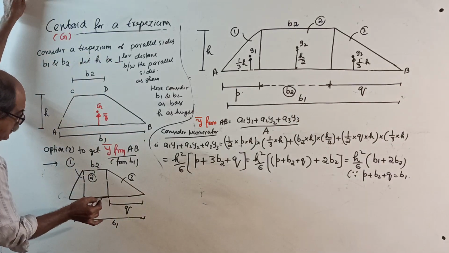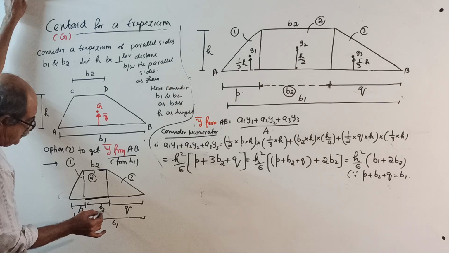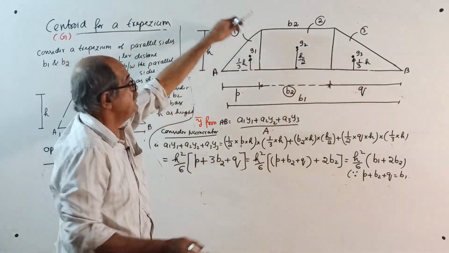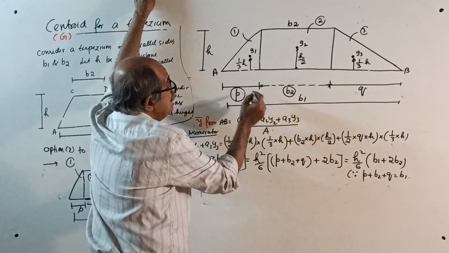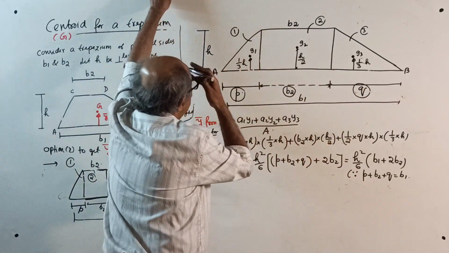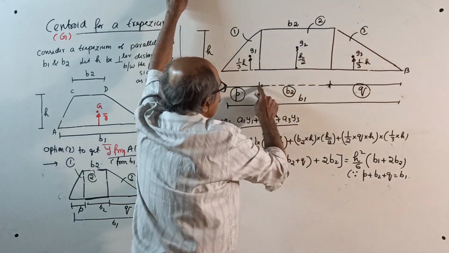Remember, this is your B2. This is B2, understood. You take it this way. Now, draw a neat sketch. See here. This is P. This P later will vanish. This Q also later will vanish. I will take this as P. This is B2, means this also B2.